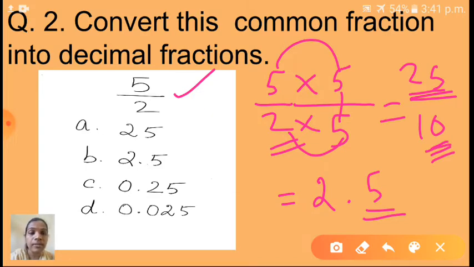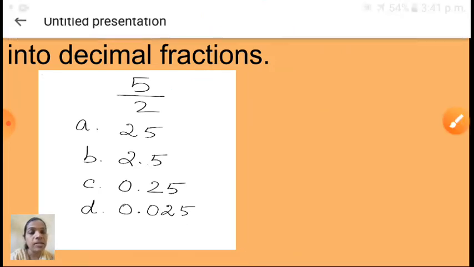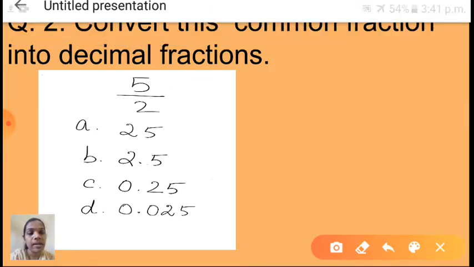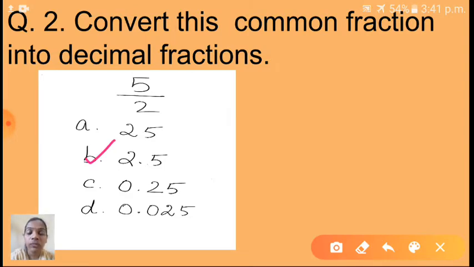So what is your answer? 2.5. So this common fraction, 5 upon 2, we can write as a decimal fraction. That is, what is your answer? 2.5. Okay children, see here, this is your correct answer. So if you get a question like this, can you solve and give me the right answer? Yes, very good. Shall we go to the next one now?